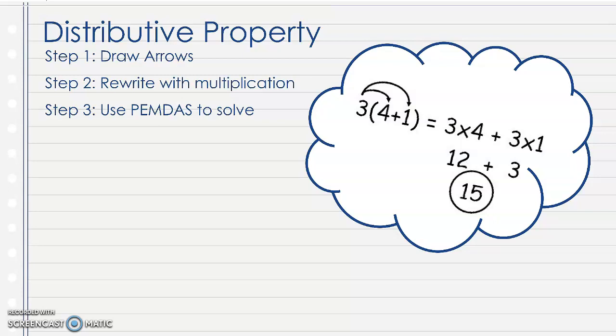So that means we're going to be multiplying. So we have our first arrow here, 3 to the 4, so that means 3 times 4. Change colors. And I'm going to keep that addition sign that's inside of my parentheses. And then we make the second arrow, and that's where I got this 3 times 1.